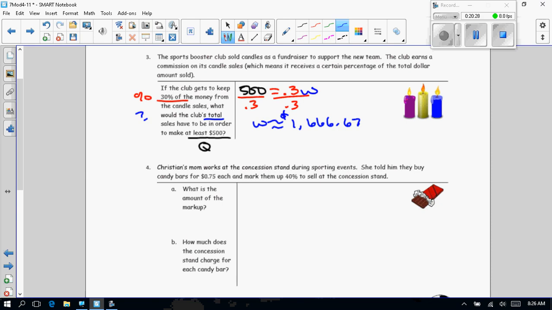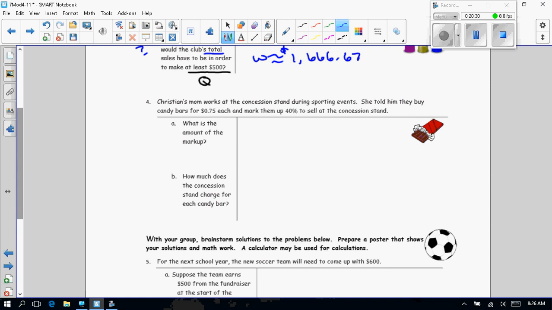All right, last one. Christian's mom works at a concession stand during the sporting events. She told him that they buy candy bars for 75 cents each and mark them up 40% to sell at the concession stand. We want to know what this new price is, and how much is the markup. I'm going to do these both at the same time. I'm going to say N is the new price.